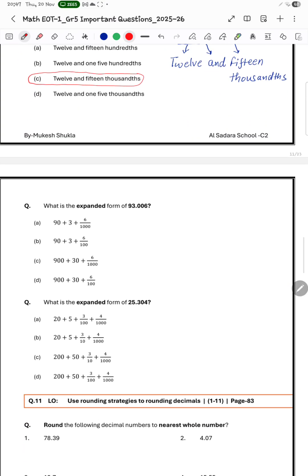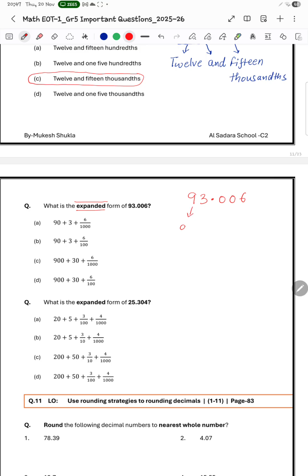Expanded form of 93.006. Expanded form. So very easy. Write 93.006. So just use place values and break this number. Decompose.